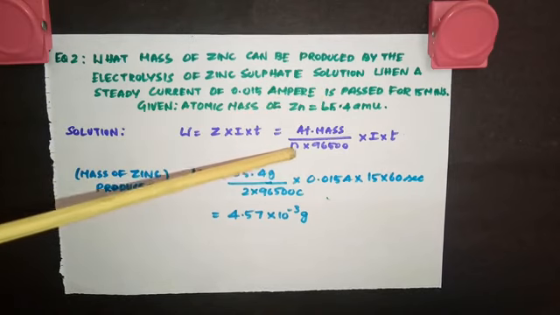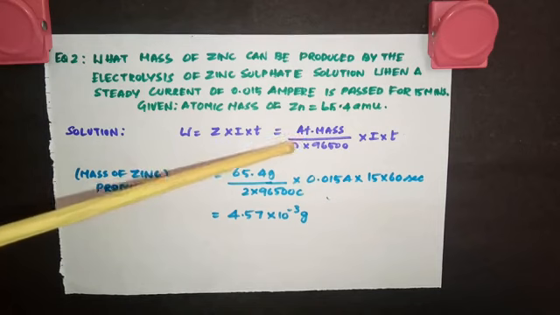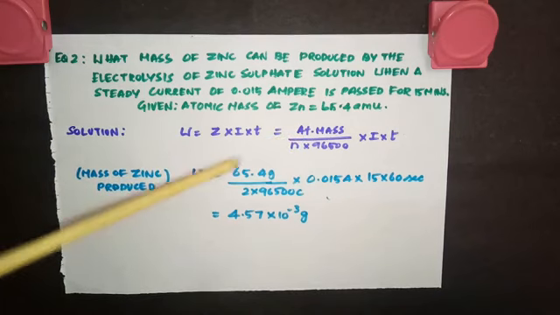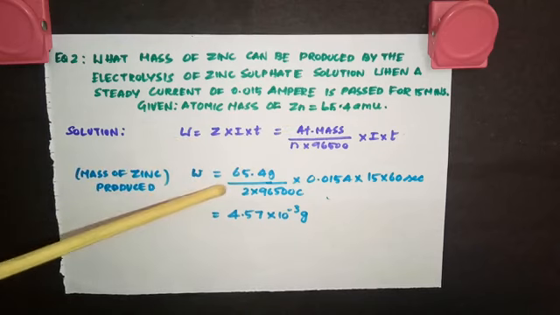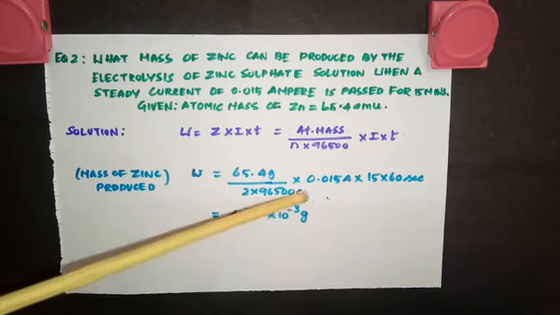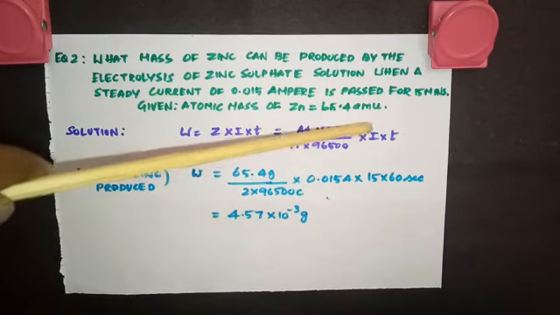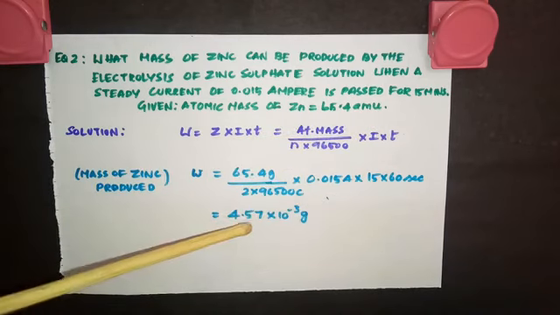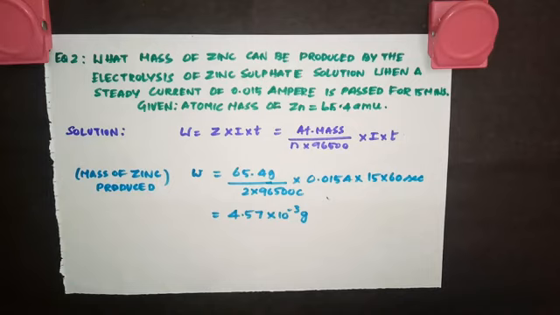Zn2 plus. So n is equal to 2, the valency of zinc. So mass of zinc produced, W is equal to 65.4 gram divided by 2 into 96,500 coulomb into I, which is given in the question, T is equal to 15 into 60. So you are getting 4.57 into 10 to the power minus 3 gram of zinc deposited. Hope you understood Faraday's first law.